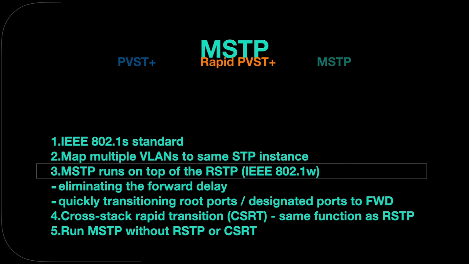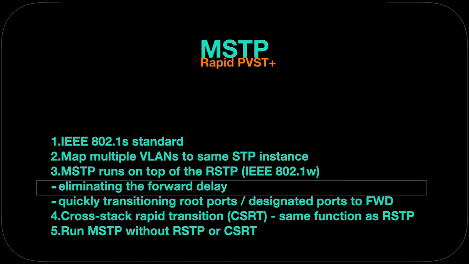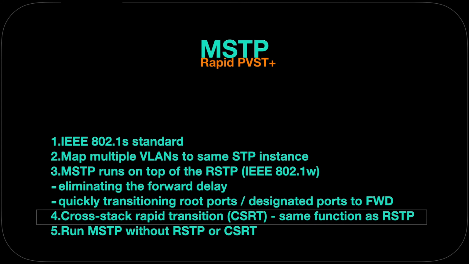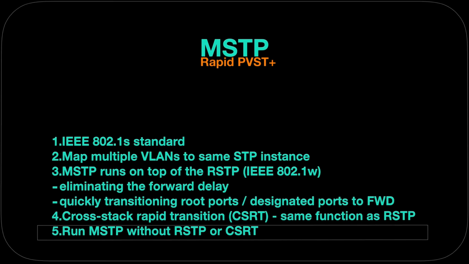The MSTP runs on top of the RSTP, based on IEEE 802.1w, which provides for rapid convergence of the spanning tree by eliminating the forward delay and by quickly transitioning root ports and designated ports to the forwarding state. In a device stack, the cross-stack rapid transition, CSRT, feature performs the same function as RSTP. You cannot run MSTP without RSTP or CSRT.